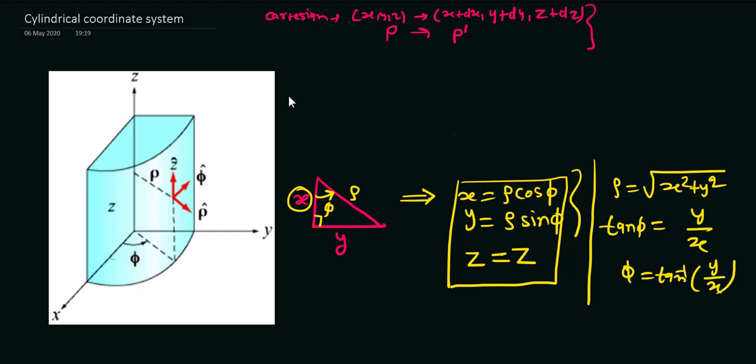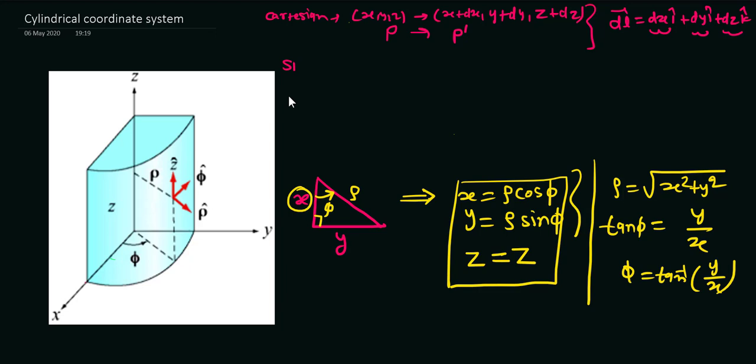The displacement vector dl vector was given by dx i cap plus dy j cap plus dz k cap. Because you are moving dx length in the direction of x, dy length in the direction of y, and dz in the direction of z. So this was simple.